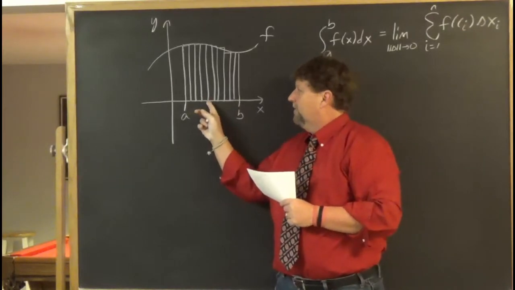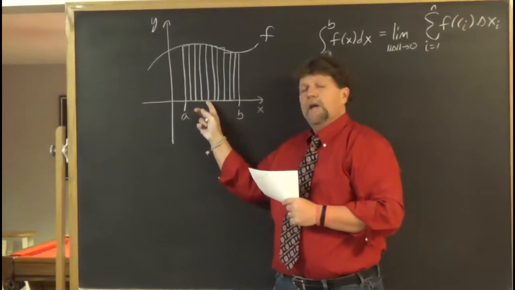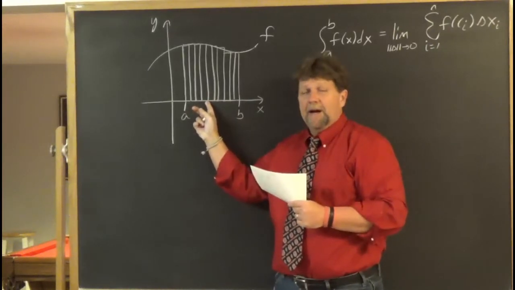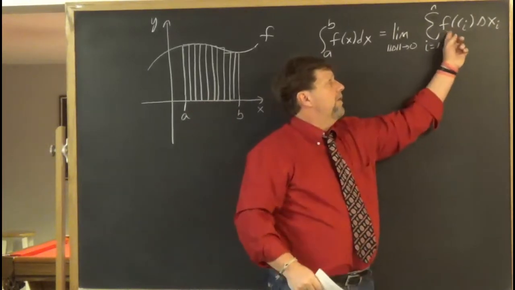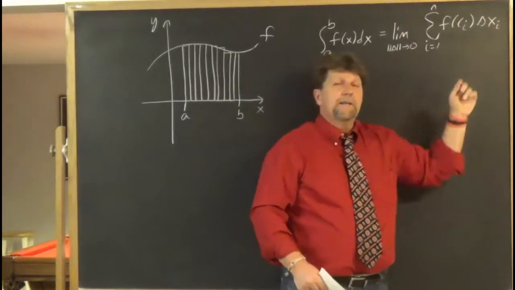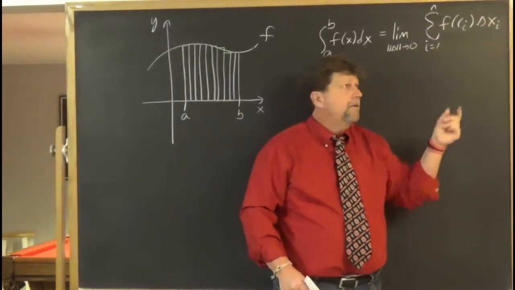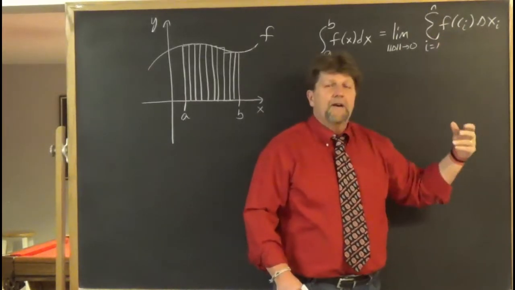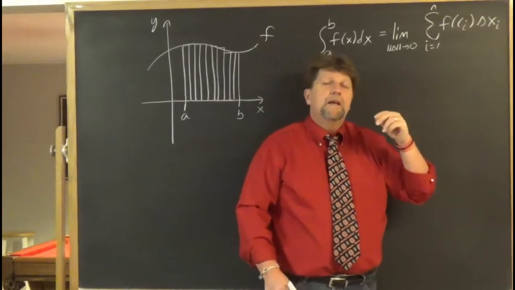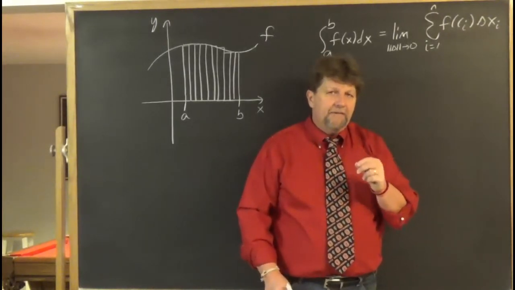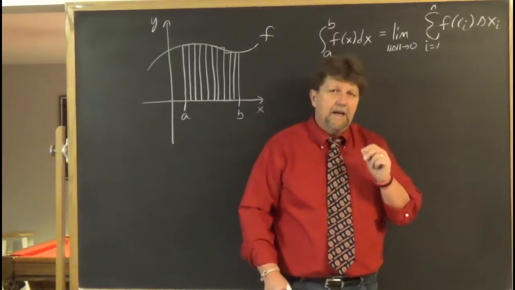So you could pick any value in a subinterval and evaluate the function at that value, that's c sub i, and that gives you the height of a rectangle. Delta x sub i is the base of the rectangle. So height times base is area. We're adding up all those areas. We're taking the limit. It's a limit of a sum. Please remember, the definite integral is a limit of a sum.